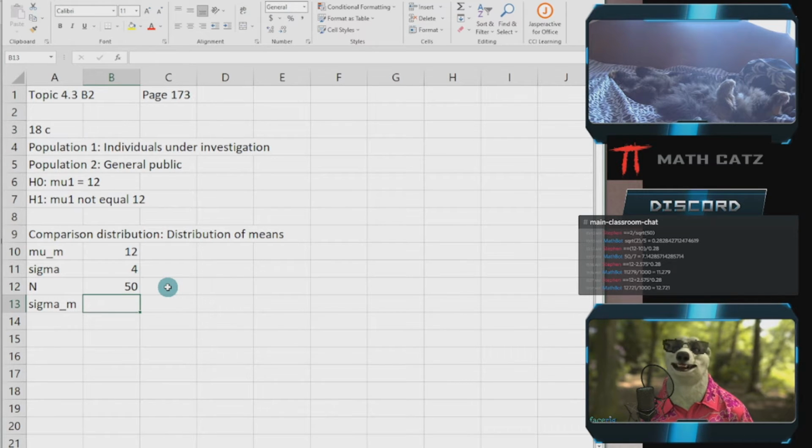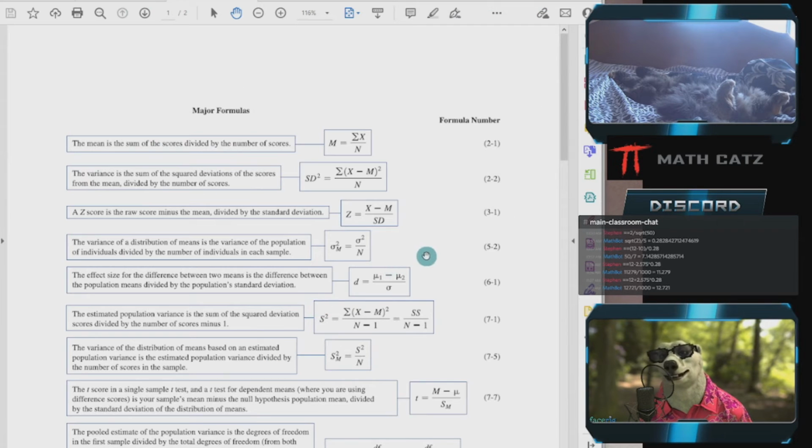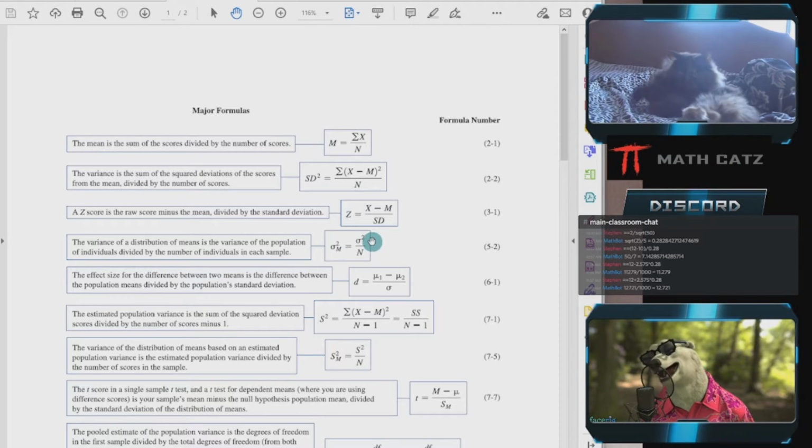So the standard deviation of the distribution of individual scores is connected to the standard deviation of the distribution of means by way of my formula here, formula 5-2, that states it in terms of variance, but I can easily convert that by taking the square root on both sides, and then the standard deviation sigma m is sigma divided by the square root of the sample size.